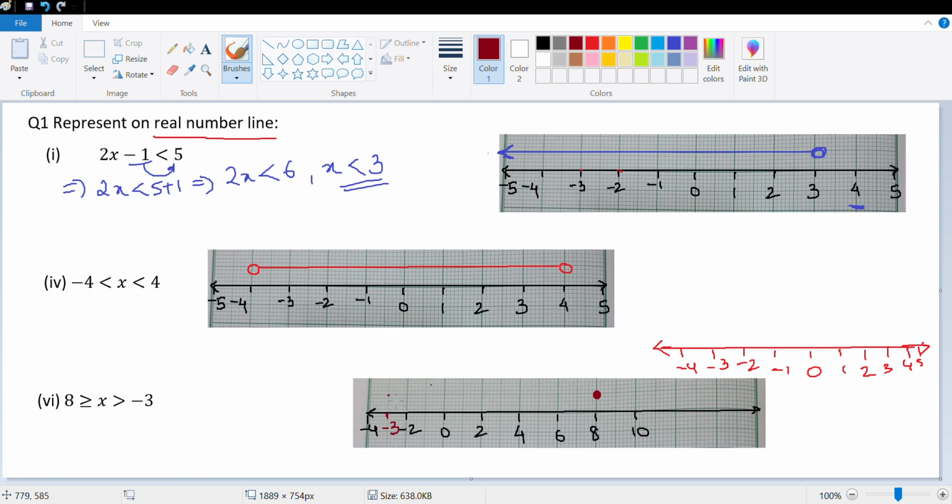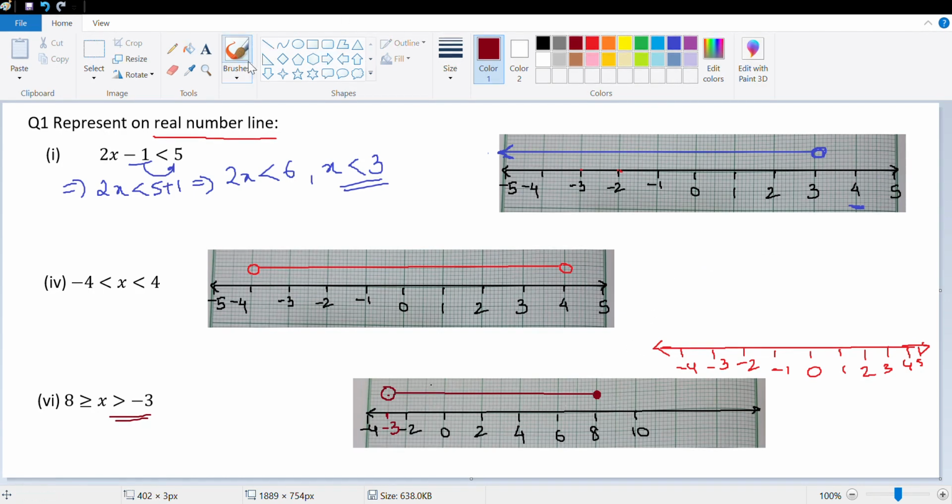So this point, is it included? No, x is more than negative 3, which means negative 3 is not included, so I will put an empty circle here and I will join them using a straight line. So that's my solution set. X is more than negative 3 but less than or equal to 8.